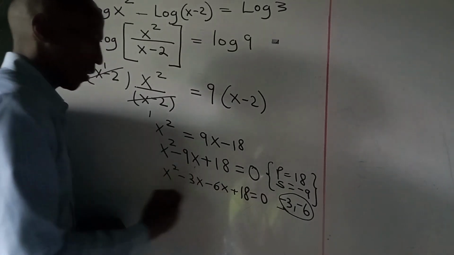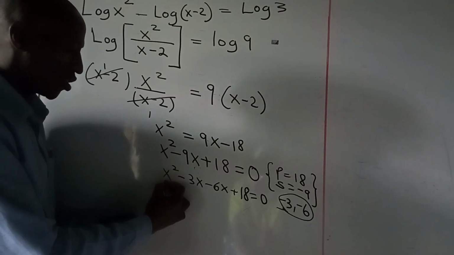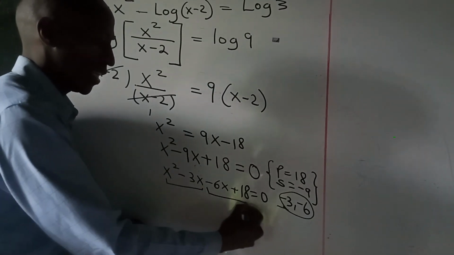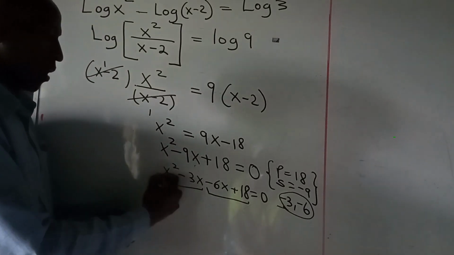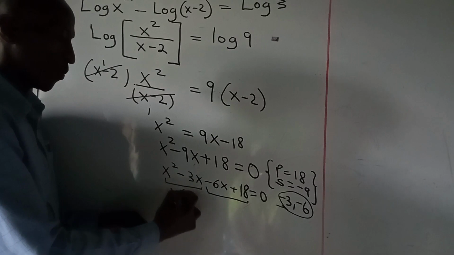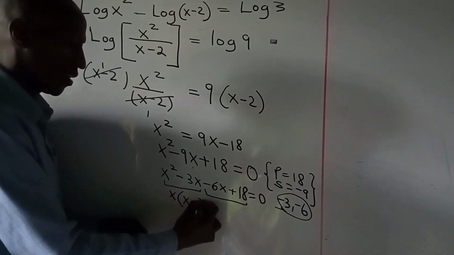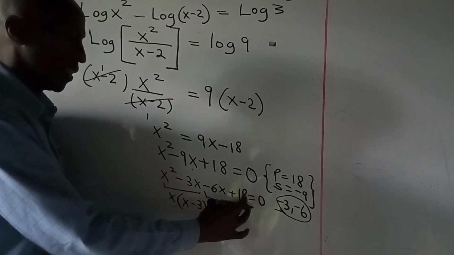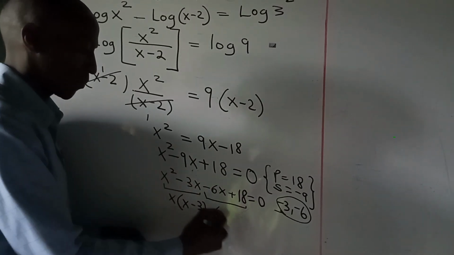Is equal to 0. We take the first two and we factorize what is common and we factorize in the second set. In x squared and in 3x we get an x into x minus 3. And in negative 6x and 18 we have 6.